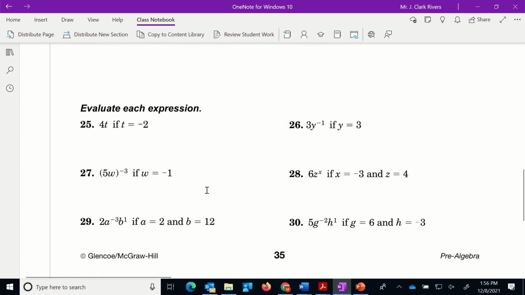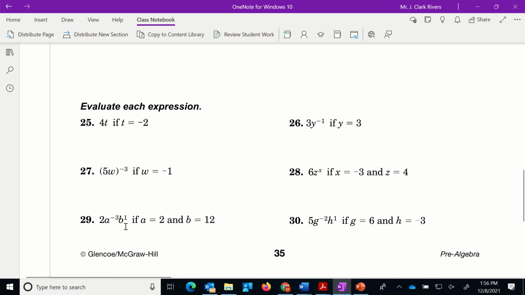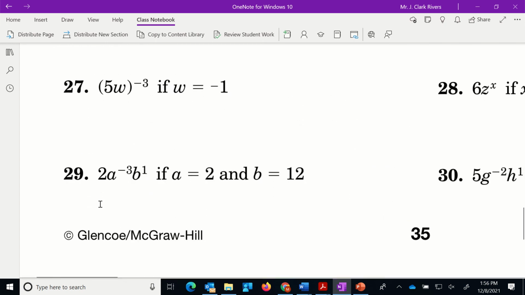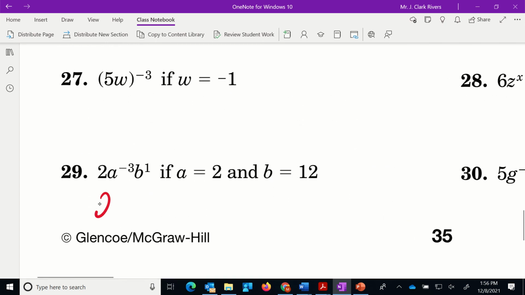I would advise you to convert each of these so that they have positive exponents first. So for example, on 29, this would be 2b over a to the power of 3. And now sub in for a and b. So that'd be 2 times b, which is 12, over a to the power of 3.